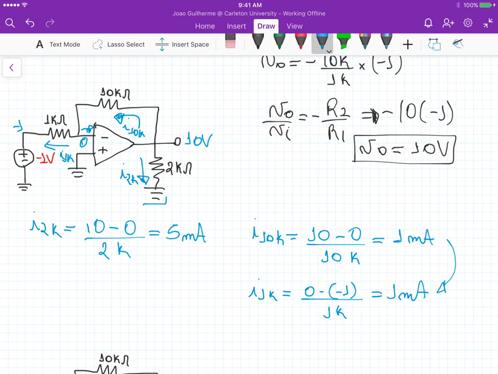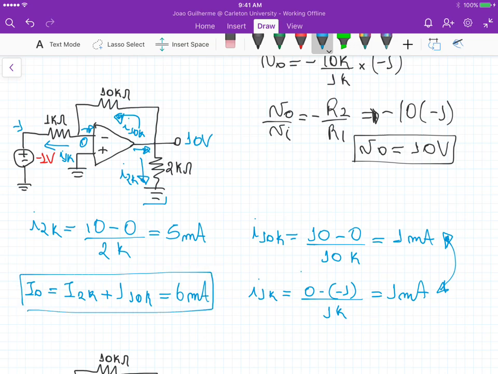So those two agree with each other in our assumption of an ideal op amp. So we know the currents. Now we still need to define this current here. This current, which I will call I out, is the sum of I2K plus I10K, and that gives us 6 milliamps.